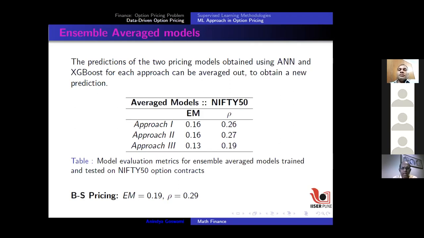So this is one kind of checking that gives confidence that the model is capable of capturing certain things. At least it is doing similar or a little better than the BS pricing. However, I also agree that BS pricing is really primitive.